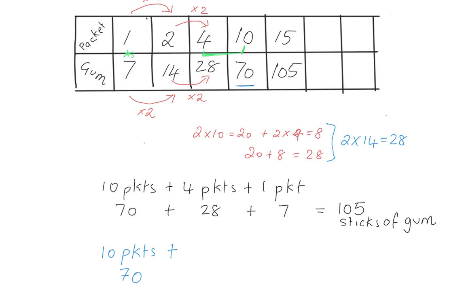Then what if we halved that? Half of 10 is 5, so that's 5 packets.